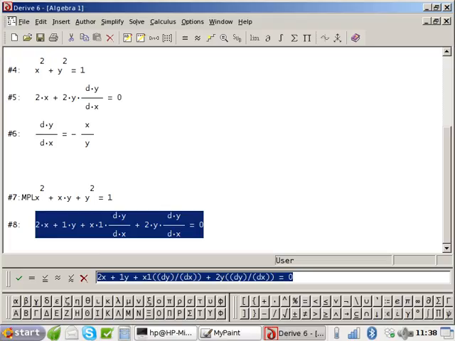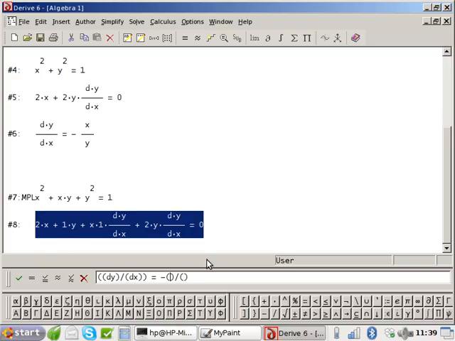In the example, we have to arrange it? Yes. So the next part is to find dy dx. So I need to rearrange it. You shouldn't do this in your head in the exam, but you could. You have to bring the 2x and the 1y to the right.